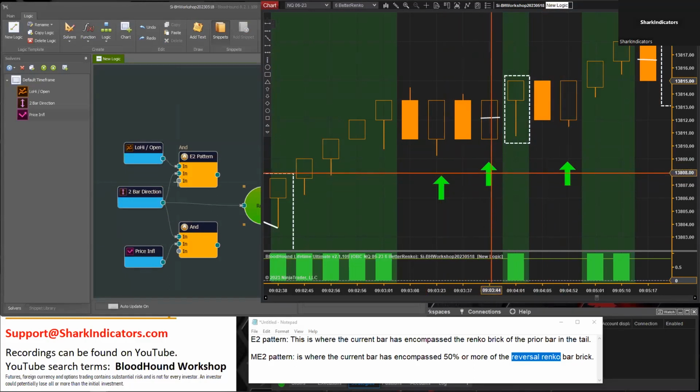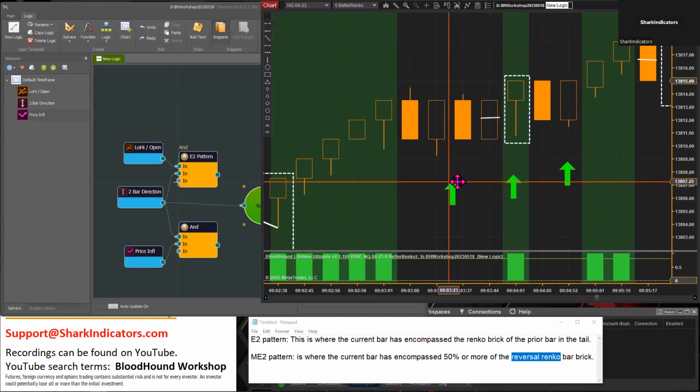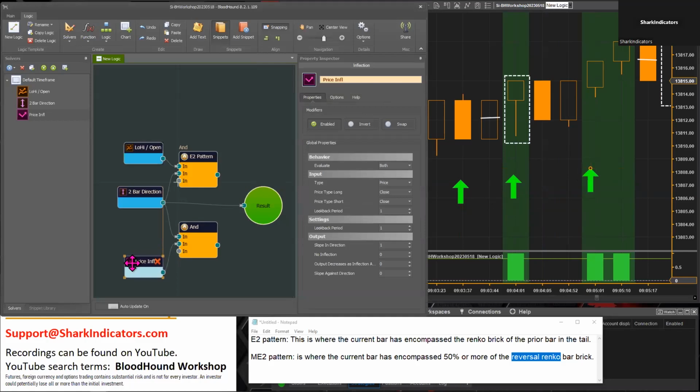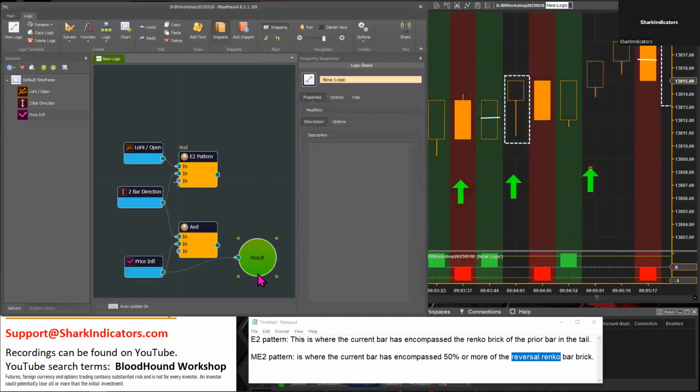So like I said earlier, we need to take this long output, this long signal, and shift it forward one bar. This one, shift it forward one bar, and this one, shift it forward one bar. That's this price inflection here.